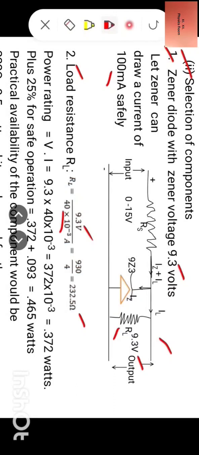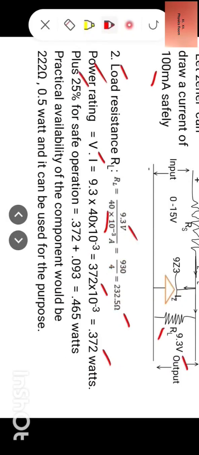Now what should be the power rating of this resistance? Power rating is V into I. So we get 9.3 into 40 into 10 raised to power minus 3, which comes out to be 372 into 10 raised to power minus 3 or 0.372 watts. Now plus 25% for safe operation. So 25% is 0.093.